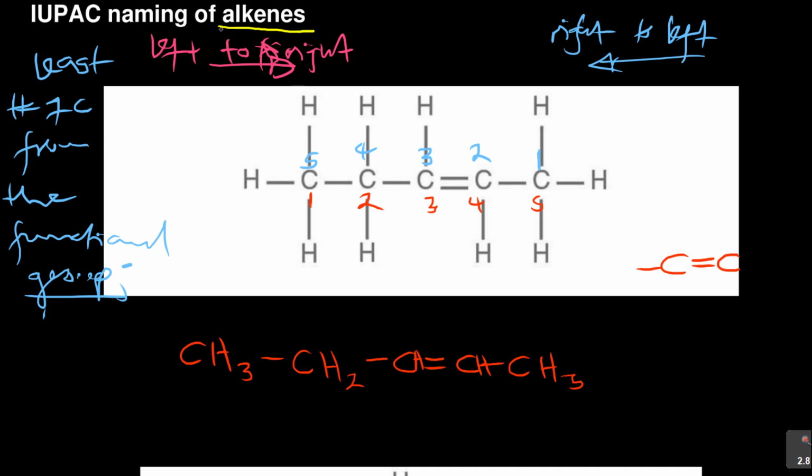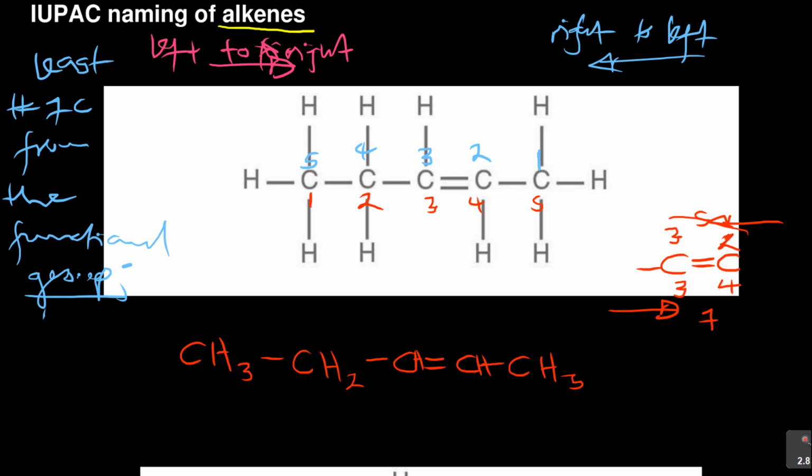If I'm moving from left to right, look at it. The carbon, double bond, carbon is 3 and 4. This is this direction. But if I'm moving from right to left, the carbon, double bond, carbon is 2 and 3. So 3 plus 4 will give me 7, but here 2 plus 3 will give me 5.